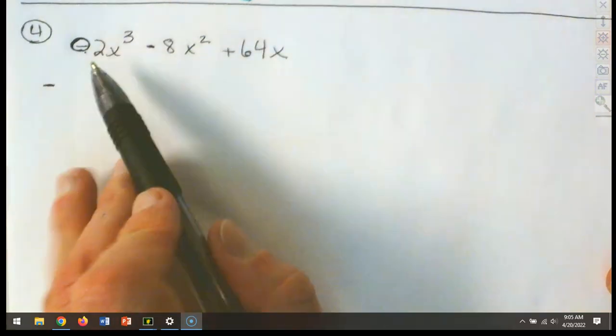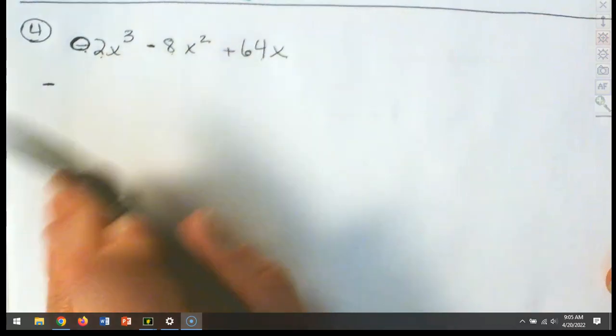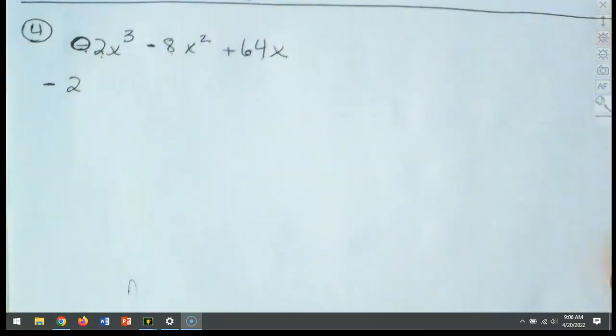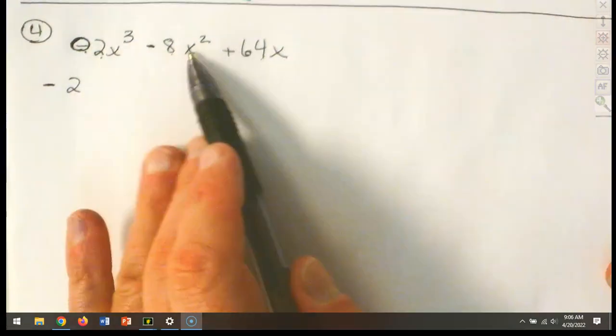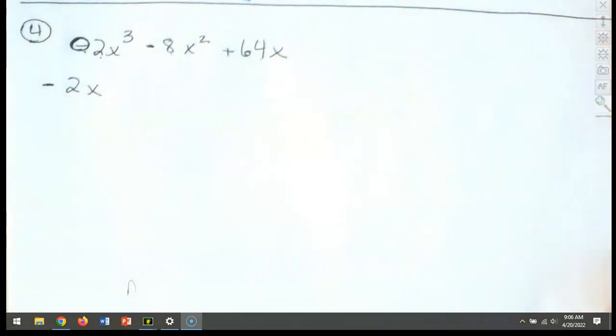And what else? Well, 2, 8, and 64, these are all even numbers, so a 2 can come out. So we're going to take out a negative 2. And we also said that these have an x in common. So what we're going to factor out at the very, very beginning, because that's your greatest common factor, is a minus 2x.